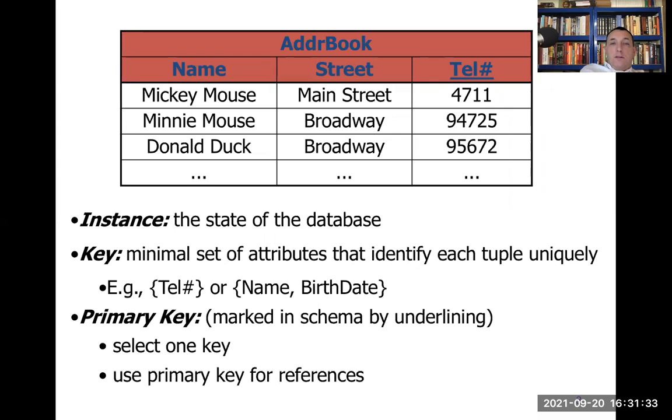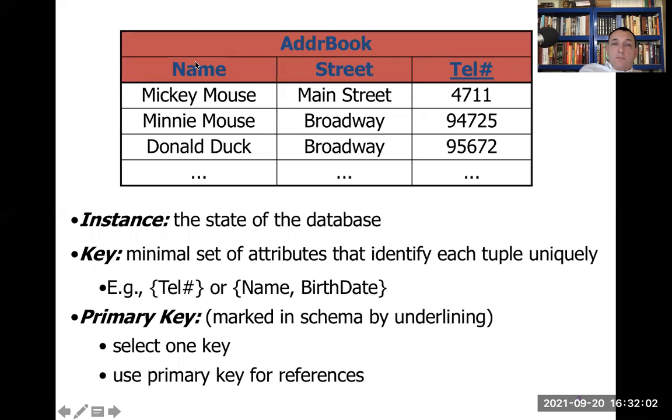So Mickey Mouse, Main Street, and so on, Minnie Mouse and Donald Duck, all the data inside a table, that's an instance or body. Head is a header, so names of columns and their domains, and minimal set of attributes that identify each tuple uniquely. We'll call it a key, and key is a minimal set of attributes.